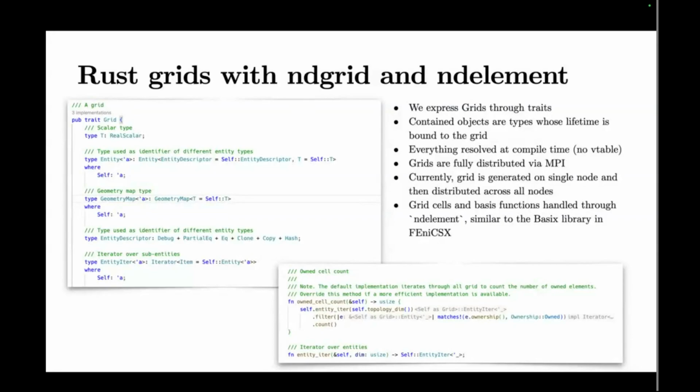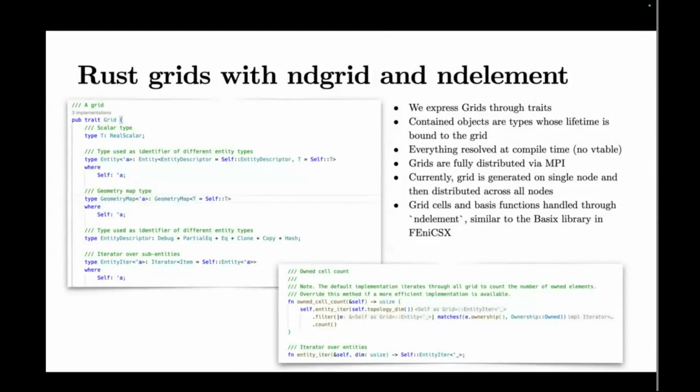The contained objects have types with lifetime bounded to the grid. Oh yeah, lifetime. I haven't really talked about lifetime here. I just briefly mention this. If you go back here at the left, you have this type Entity there, and then most of the code probably looks relatively familiar to other languages, but there's this kind of weird thing, this prime A there, and that's a lifetime annotation.